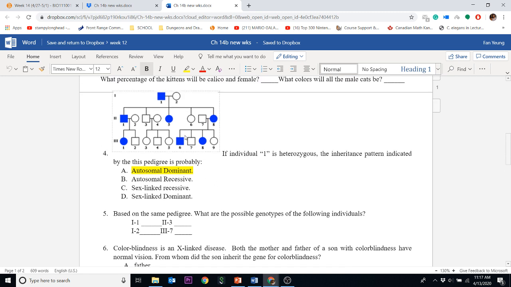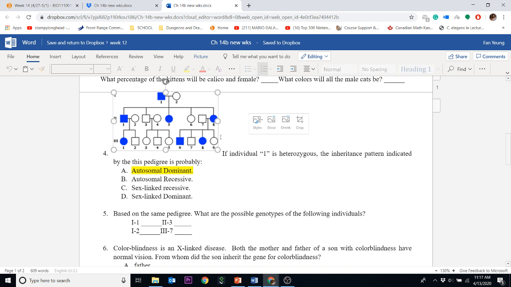So if you look at this picture, last time you already know it is autosomal dominant, right? Because one of the parents gets it, and then most of the kids, 3 of the 5 kids, will get it. So you know it's autosomal dominant. For autosomal dominant, to show the disease, all you need is one dominant allele.